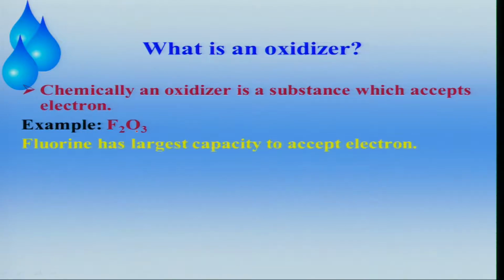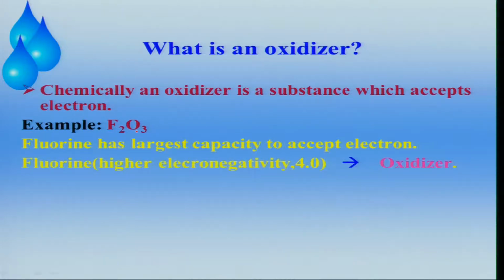If you look at it, fluorine has the largest capacity to accept electrons, because it has an electronegativity of 4. So, it will act like an oxidizer, whereas oxygen, which is commonly known as an oxidizer, is a fuel here because it has a lower electronegativity.